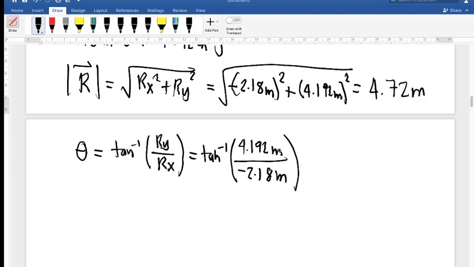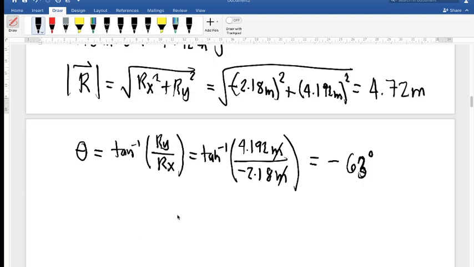I will just cancel the meters here. So we have the inverse tangent of 4.192 divided by negative 2.18, which is equal to negative 62, or approximately negative 63 degrees since it is 62.5. So negative 63 degrees again.